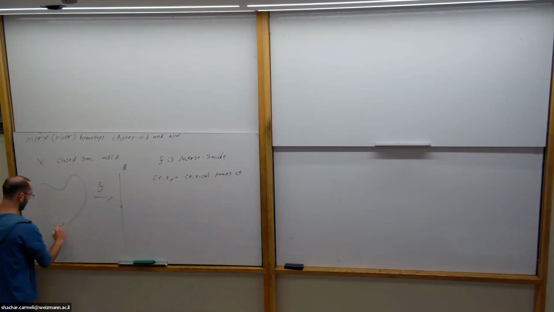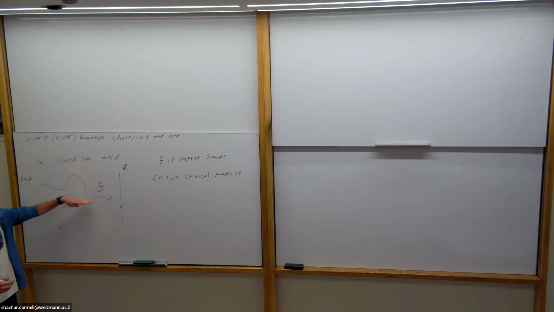Index is the dimension of the downward subspace. So for example, this will be the index of critical points. First we'll say that we have 4 critical points: 2 maxima, 1 minimum, and 1 saddle point. And when I say downward, I say according to f.